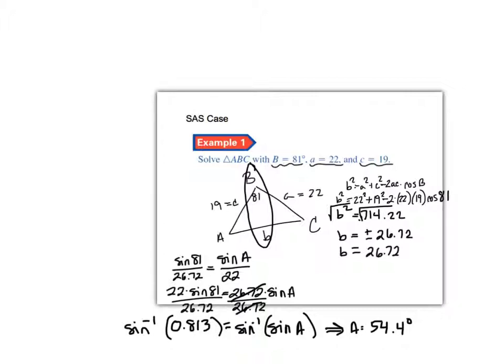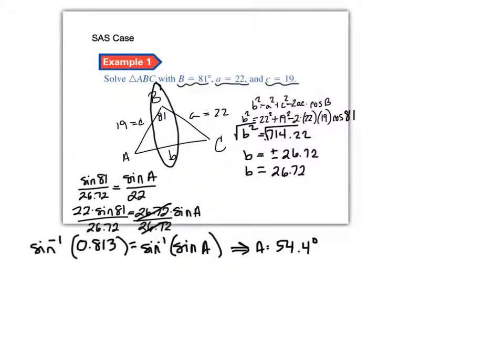The fastest way to do it is to subtract 81 and angle A from 180 degrees, and that should give us angle C, unless we've messed up along the way with the measurement of angle A. If that's the case, we're not going to have a way to check for that. So what I usually say is, let's solve for angle C the same way we did angle A, and then add our angles together and see if they come out to 180 degrees. So let's do that, okay?